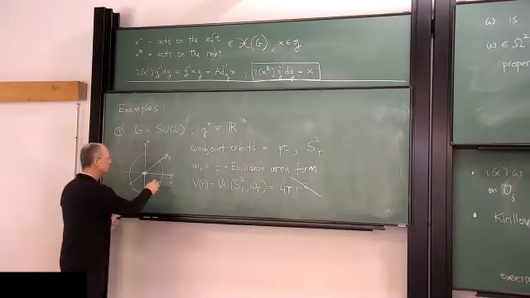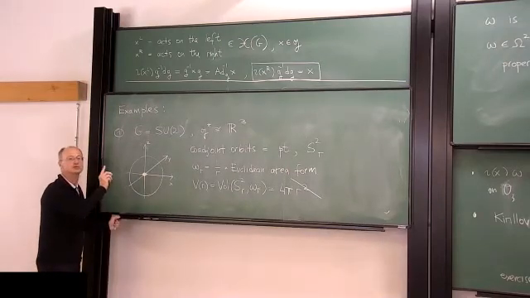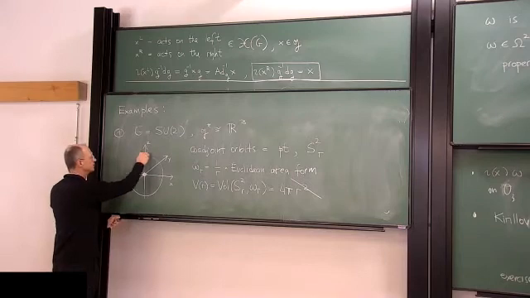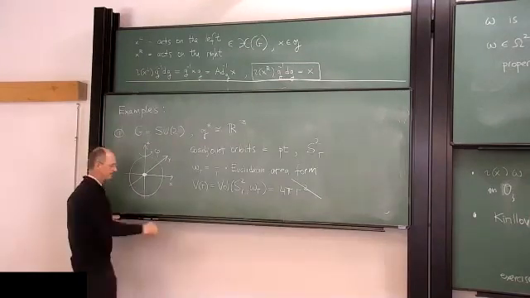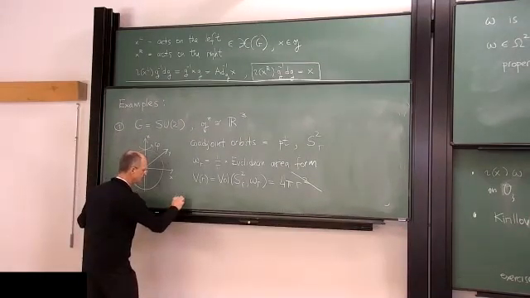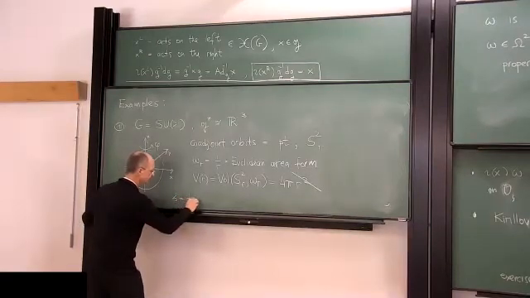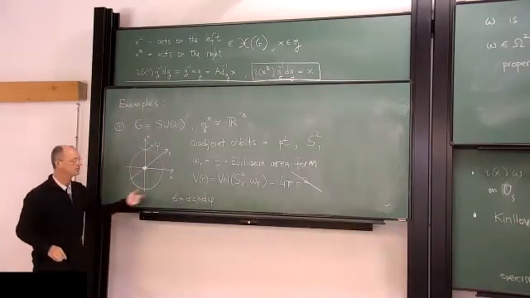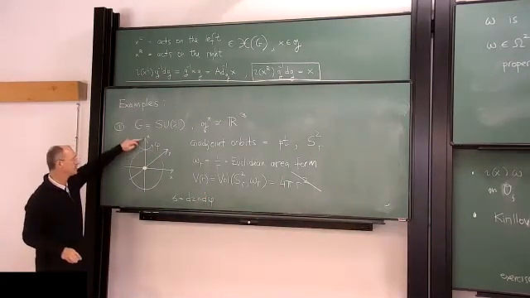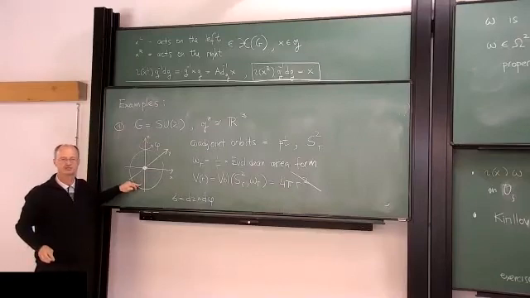Now, the second description that I want to give you: let me introduce the polar angle phi of rotation around the z-axis, and let me define a two-form sigma, which is dz wedge d phi. So that's a two-form on R3 minus the z-axis. It's singular on the z-axis, right?